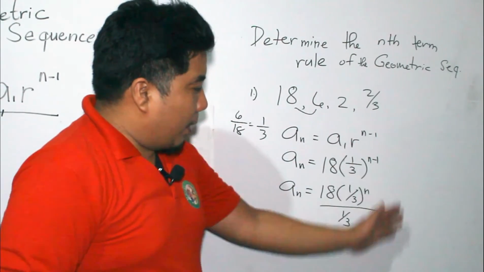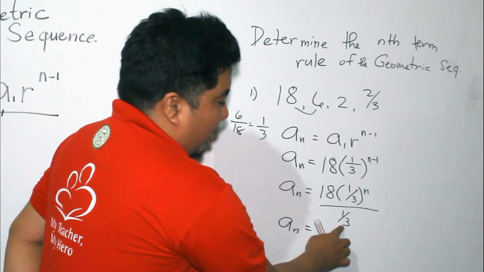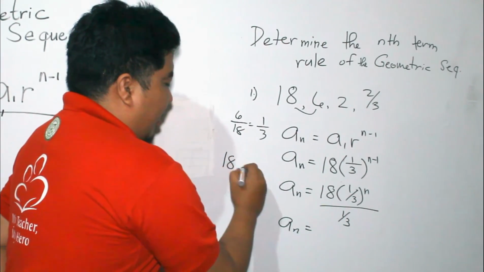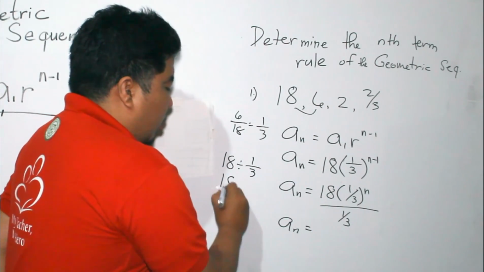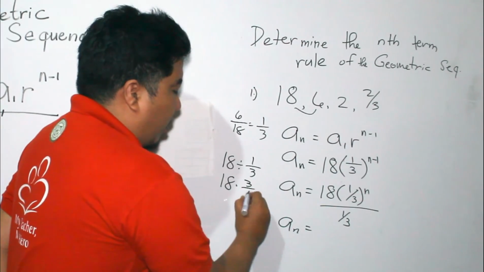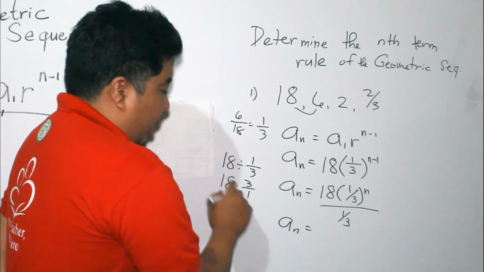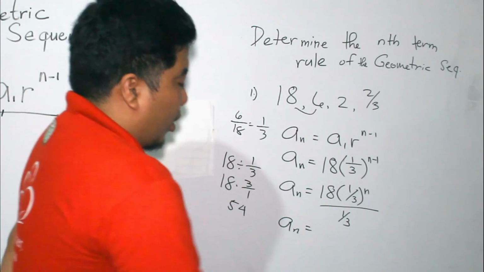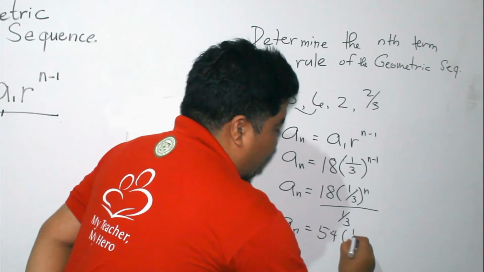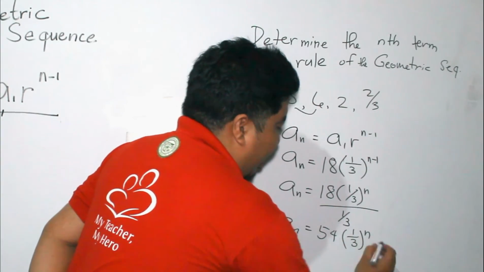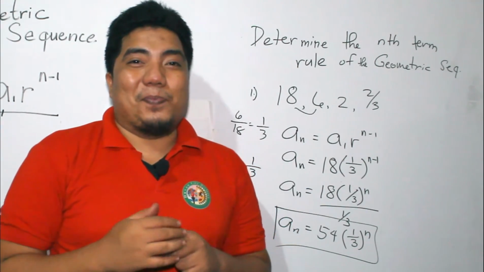So 18 divided by 1/3. Remember the rule in dividing fractions. This will become times 3 over 1. And the answer is 54. So we have 54 times (1/3)^n. And that will be your final answer.